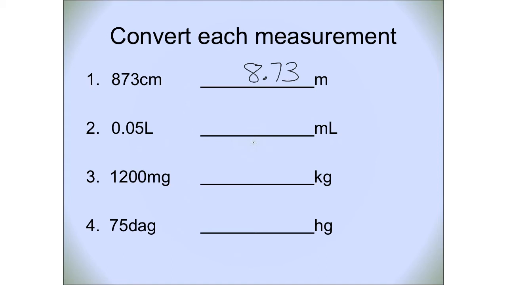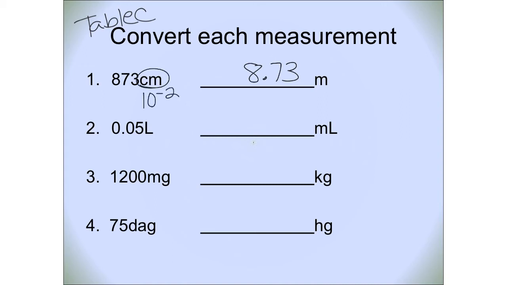Now, if you are not as comfortable with the metric system and you didn't know that, that's okay. There's a couple of other ways that we can do it to get the answer. We can use our reference table. So on table C, you want to look up those factors. So centi is 10 to the negative second.